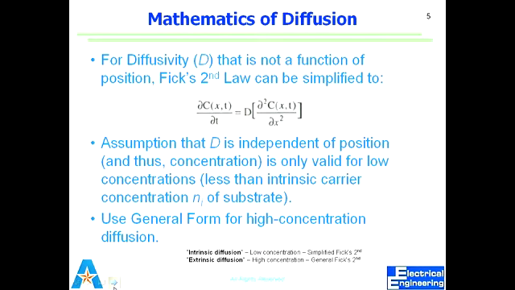It's not good enough to make a semiconductor into a conductor. They don't provide enough charge carriers, right? Below that, D would depend on position. But above that, we use the general form for high concentration diffusion, right?